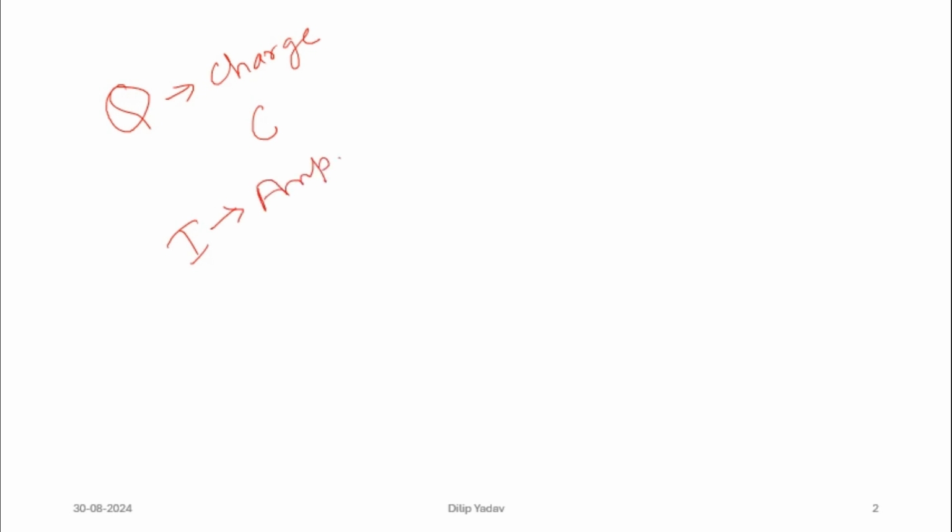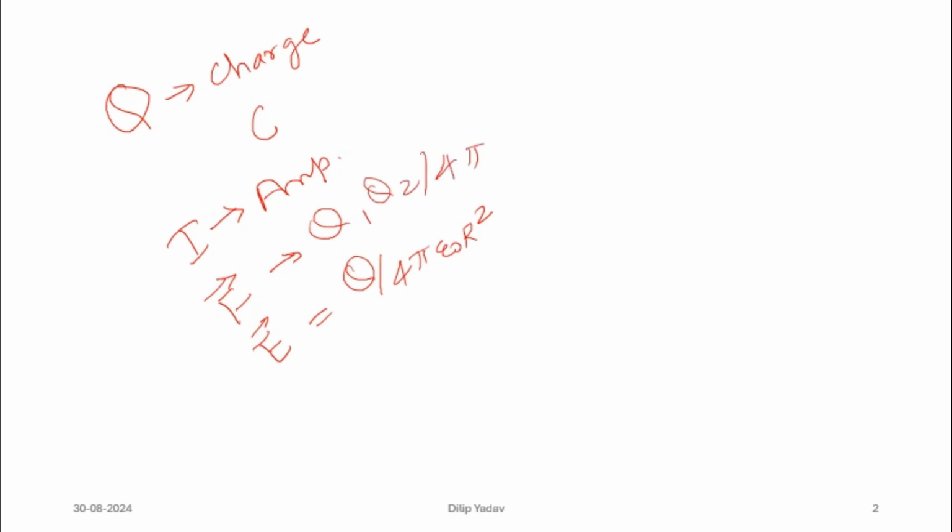Then we have studied Coulombian force, that was F. Then we have electric field, that was defined as Q upon 4 pi epsilon naught R square, and in the Coulomb force it was Q1 Q2 upon 4 pi epsilon naught R square.